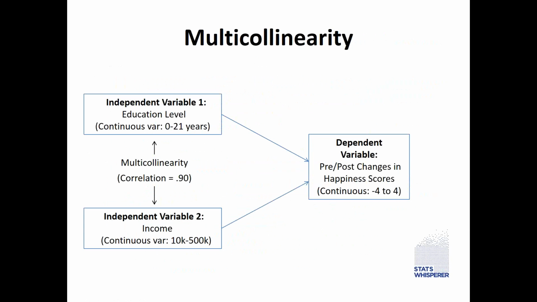Well, it could be that education level is significantly related to pre-post score change, and income level is significantly related to pre-test, post-test score change. But there might be a correlation between the predictors, education level and income, that cancel each other out, and neither looks like they're related to the dependent variable. So to make sure that's not happening, we assess multicollinearity.